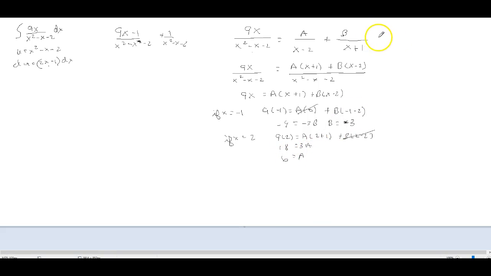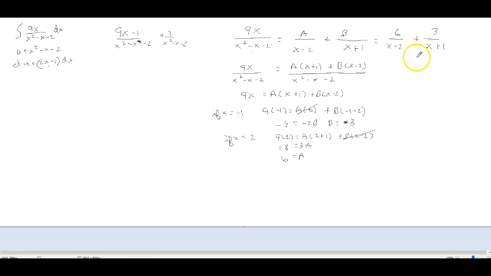Which means 9x over x squared minus x minus 2 is equivalent to 6 over x minus 2 plus 3 over x plus 1.